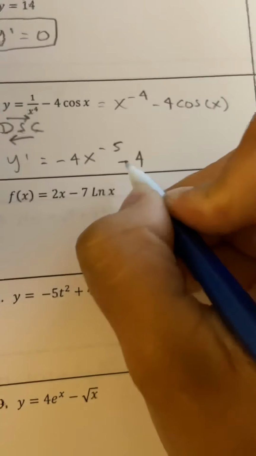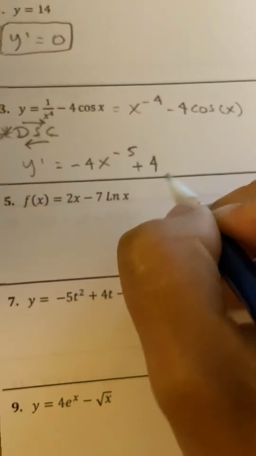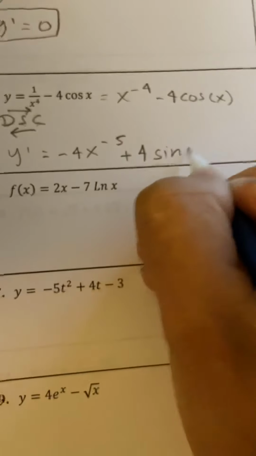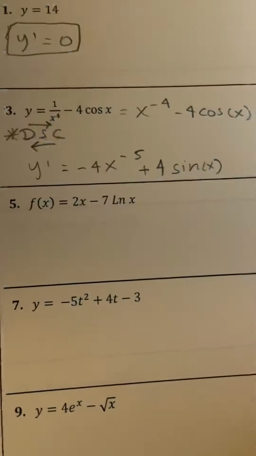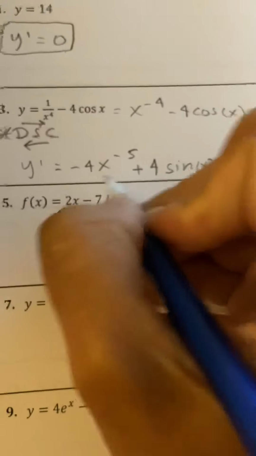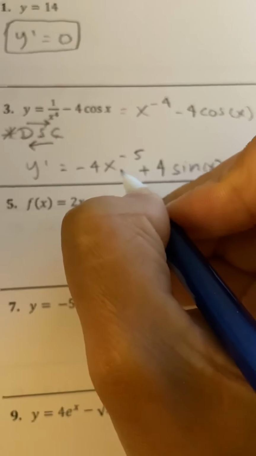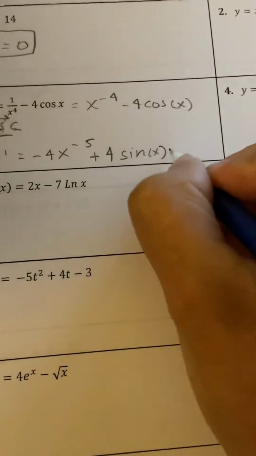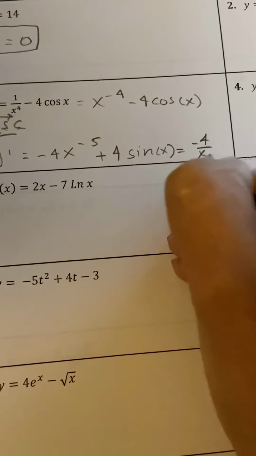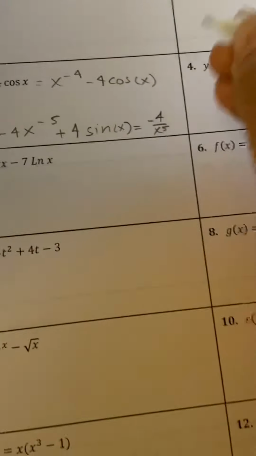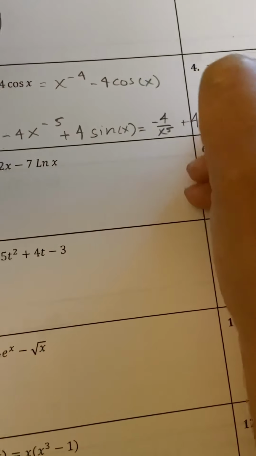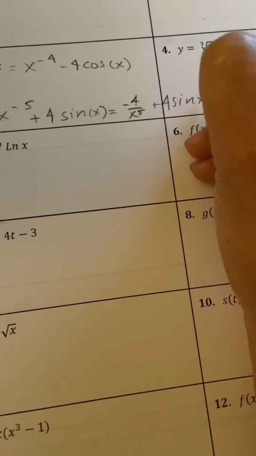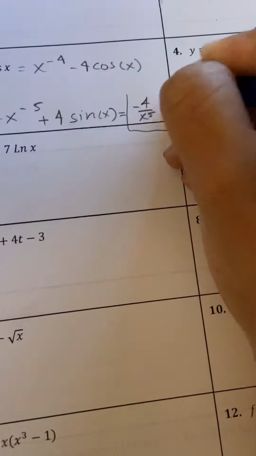The negatives will cancel, guys, so I would go ahead and do a plus sign already, and it'll be sine here. And then lastly, just rewrite this first part without the negative exponent. So I would have negative 4 over x to the power of 5 plus 4 sine x, and that will be my derivative.